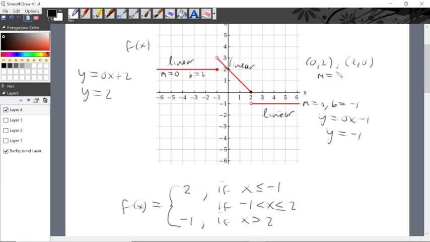Again, I'll write the formula, y2 minus y1 over x2 minus x1, which in this case, if I call this one y2 to start this off, would be 0 minus 2, because then this would be y1, over 2, because this would be x2, minus 0, because this would be x1. So that's -2 over 2, which is equal to -1. So we have the slope is equal to -1 along this trajectory right here.